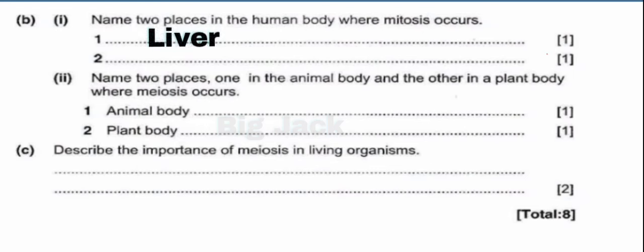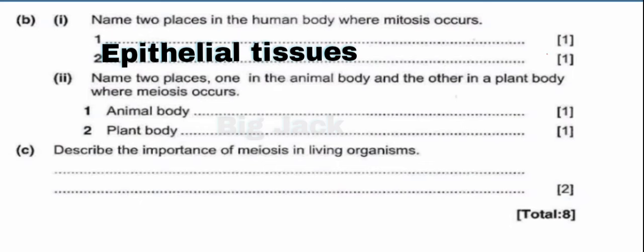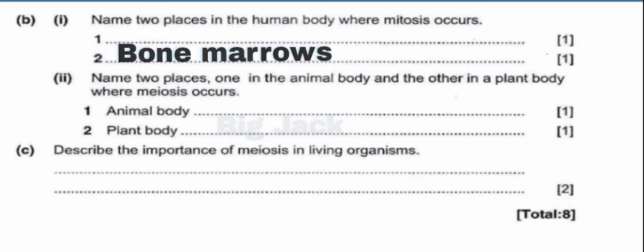So mitosis also occurs in the liver. Apart from the liver, it also occurs in the epithelial tissues. Then apart from the epithelial tissues, it also occurs in bone marrow, and in addition we can say the spleen.